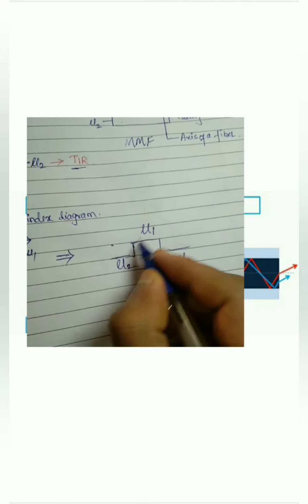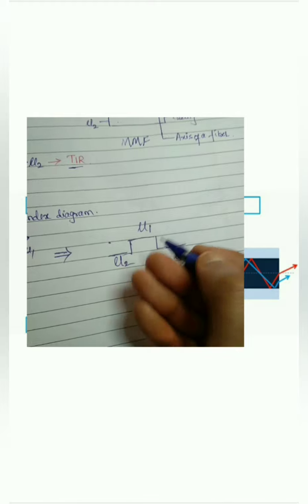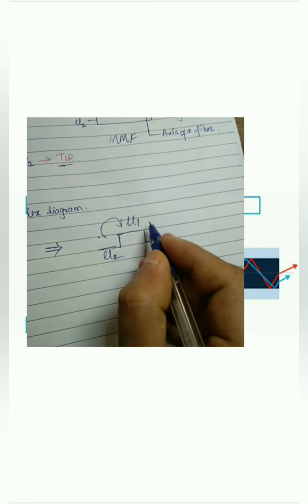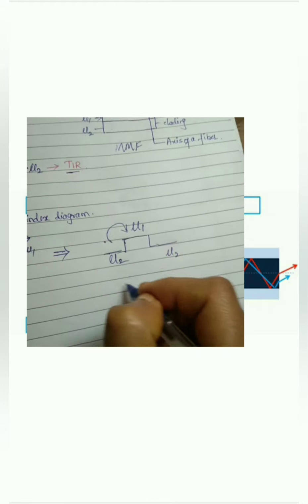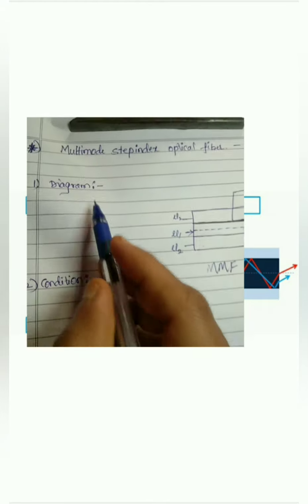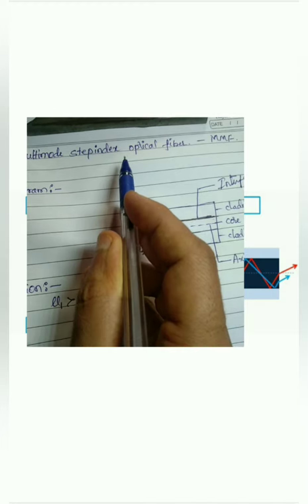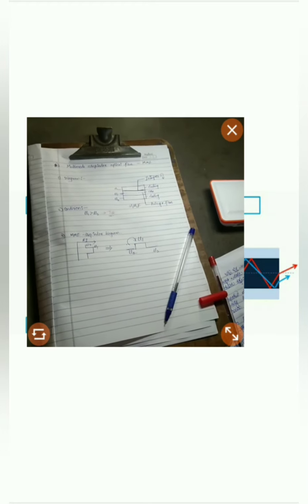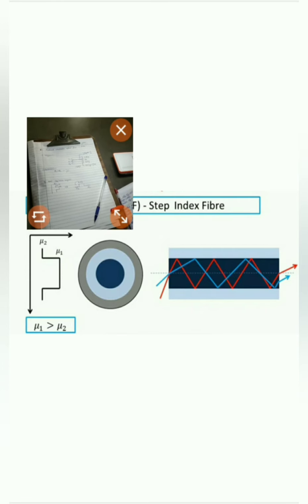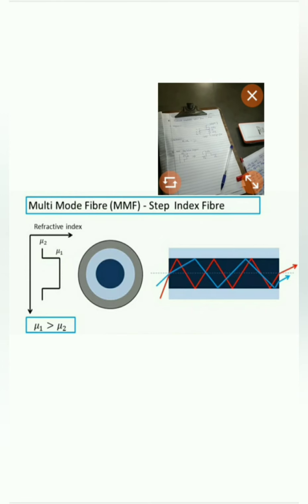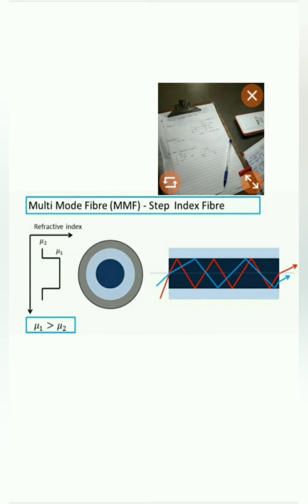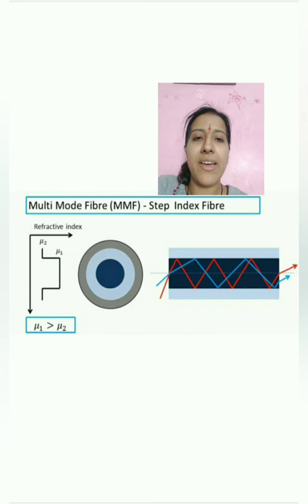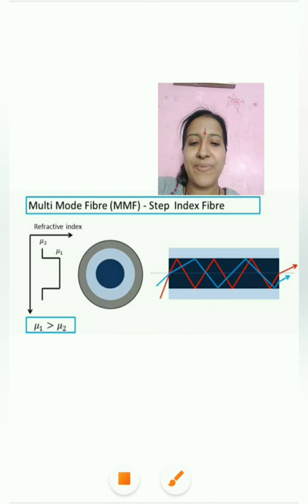After joining the index profile, this diagram itself looks like a step-like diagram. Hence this is called as multi-mode step index optical fiber. I think you people have easily understood clearly that, just because of the multi-mode diagram, more than one light ray can pass through it.